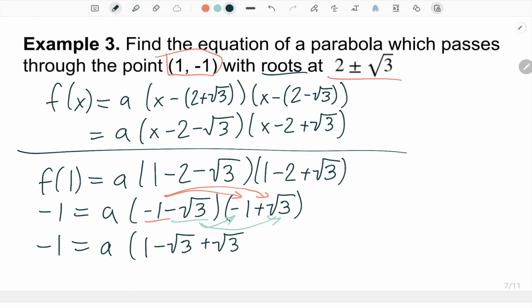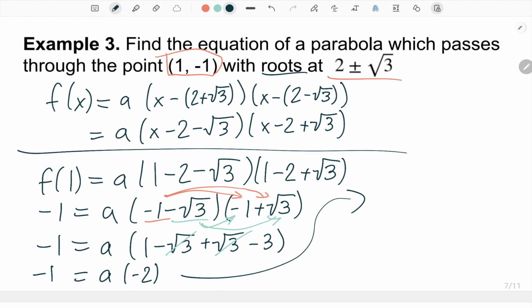And negative root 3 times positive root 3, well, root 3 times root 3 is 3, so minus 3. So simplifying all that in the brackets, we got a 1, we got a minus 3. And lo and behold, the root 3's cancel out. So 1 minus 3 gives us just negative 2. That's it. And this is now a nice, easy equation to solve.